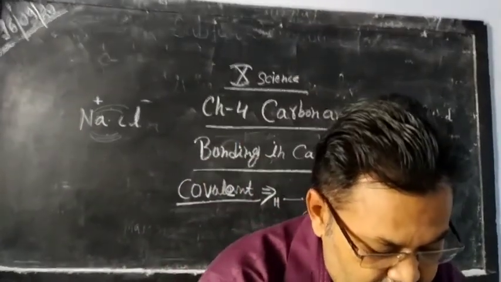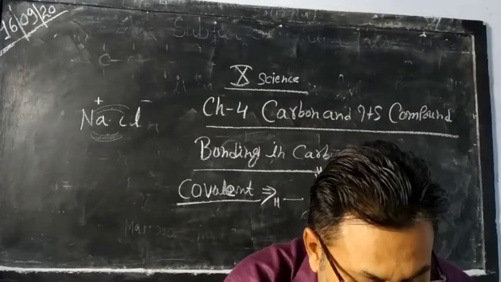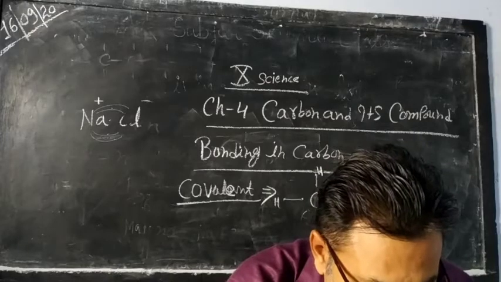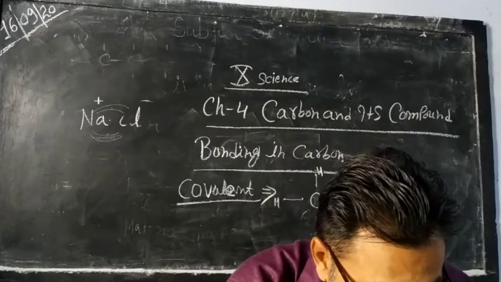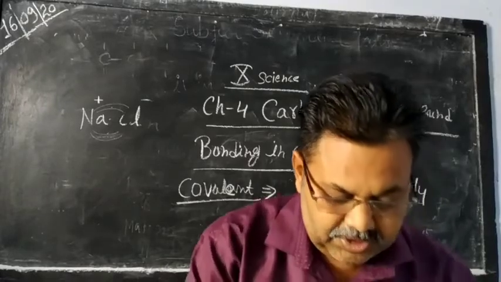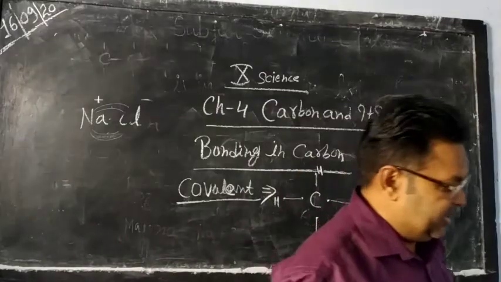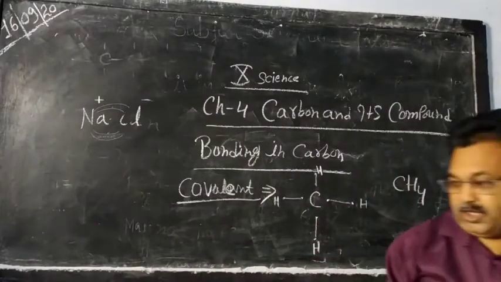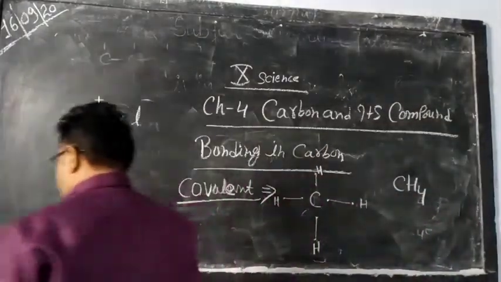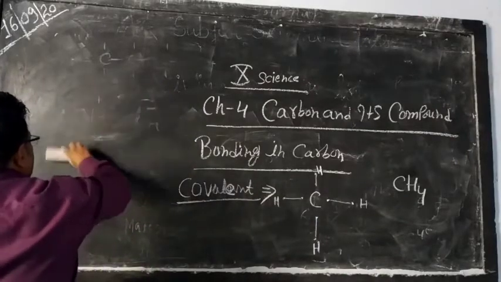Now we can see the formation of the molecule of hydrogen, single bond, double bond and triple bond. Now we have discussed the covalent bond, single covalent bond, double covalent bond and triple covalent bond. So our next topic is types of covalent bonds.